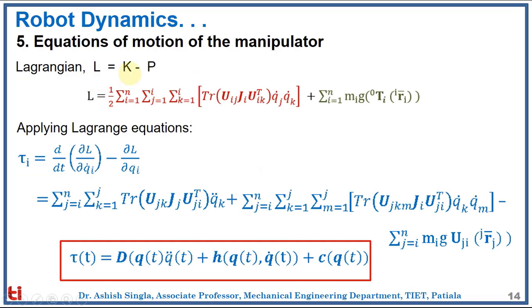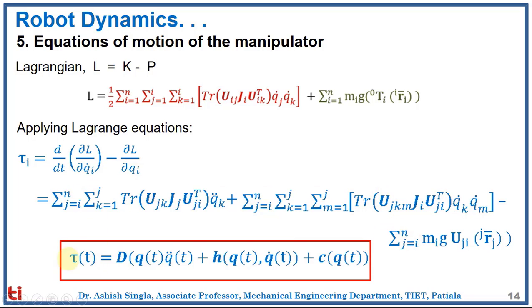Lagrangian is nothing but total kinetic energy minus total potential energy, which, if we substitute from previous equations here, we get this equation. Now, applying Lagrange equations, that is tau i equals d by dt of the partial derivative of the Lagrangian with respect to qi dot, minus the partial derivative of the Lagrangian with respect to qi, we get this expression. When we substitute L here and partially differentiate, we get this.